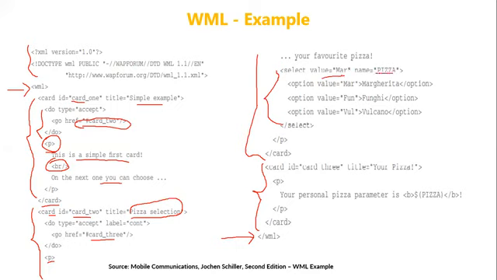MAR is one type of pizza. Here we are creating three different options. Option value equal to MAR, which is margarita. Option value equal to FUN, which is fungi. Option value equal to VUL, which is volcano. These are the three different types of pizza you are providing here as options, and the user can select one.